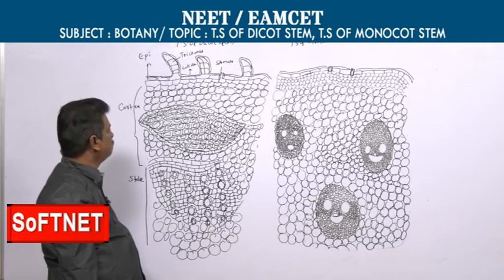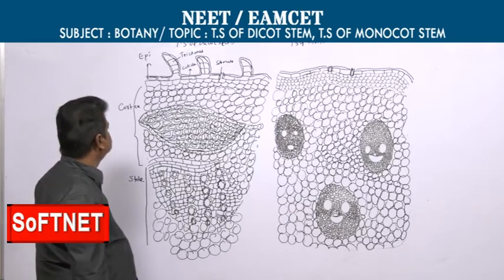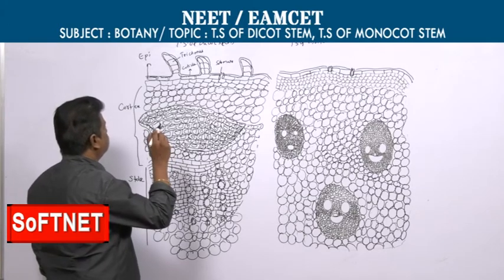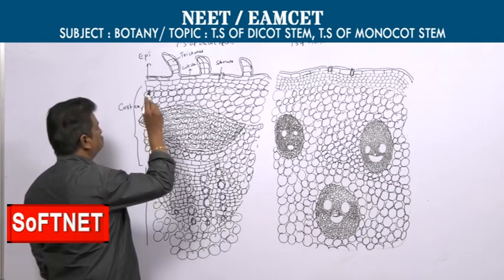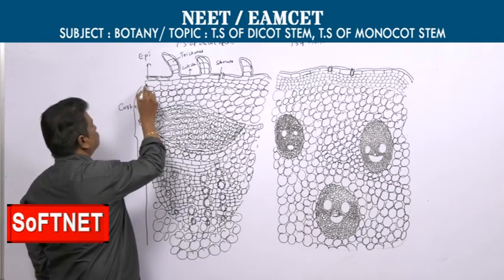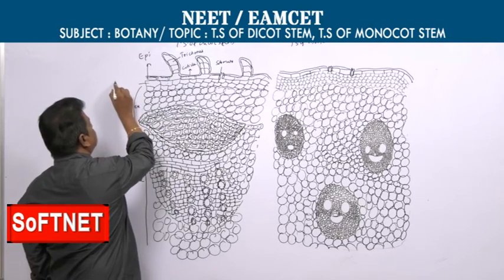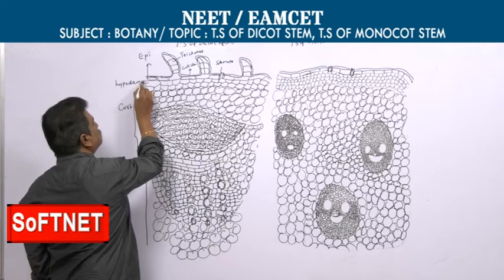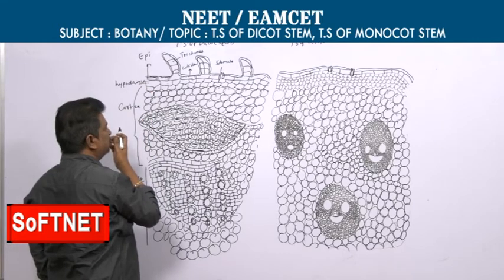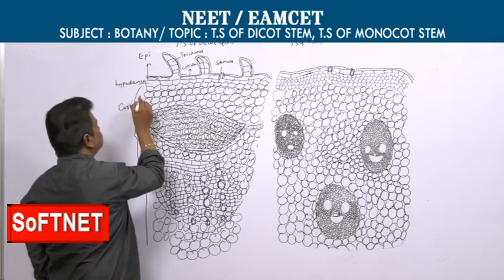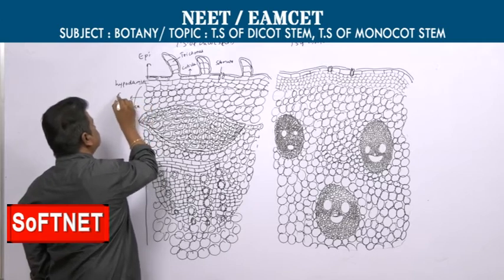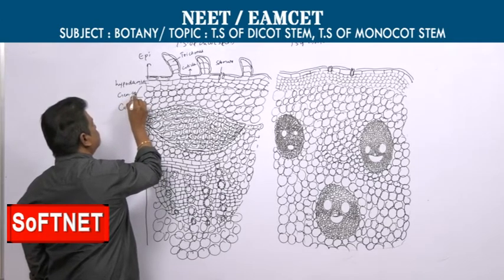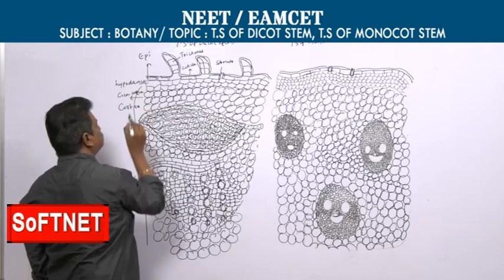Cortex, actually cortex shows three parts. One is outer cortex, called hypodermis. Then middle cortex is called general cortex.